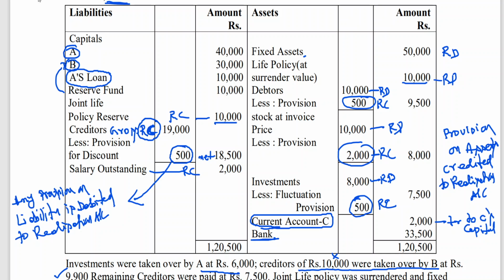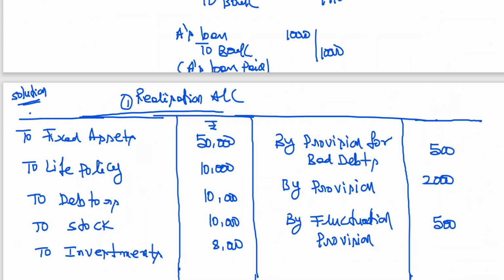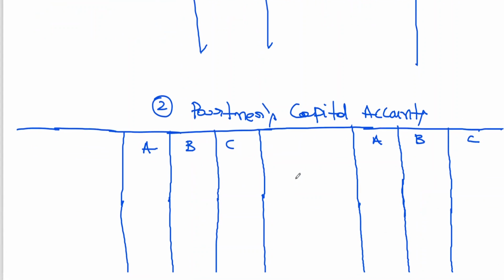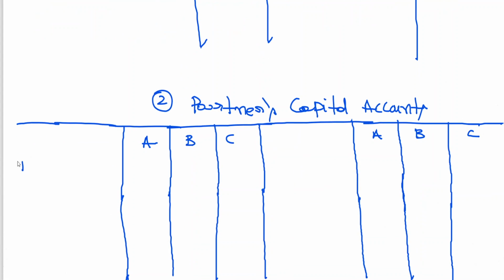Okay, then C's current account. I've already opened the partners' capital accounts, and I told you it will be transferred to the capital account. It will be easy if you open all the capital accounts. So C's current account balance is being transferred to the capital account.